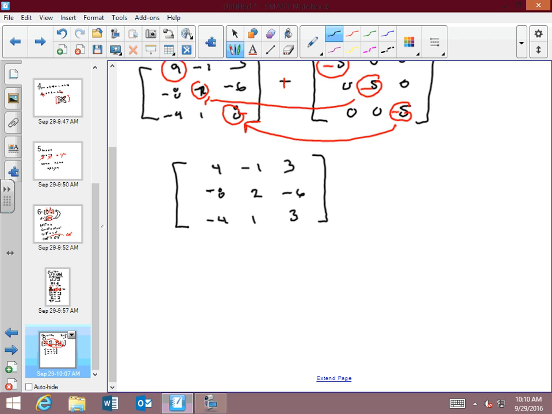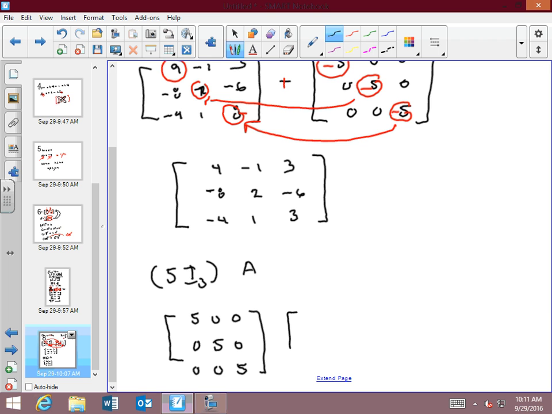Now let's do, it's saying do 5I3, I'll put the brackets, 5I3 times A. So that scalar 5I3 is actually going to be 5, 0, 0, 0, 5, 0, and 0, 0, 5, right?